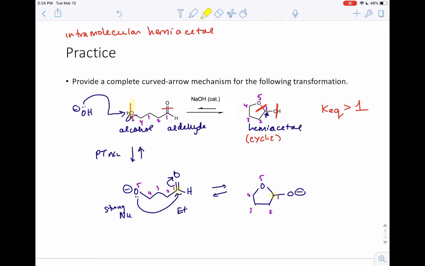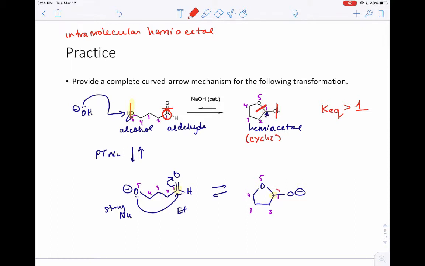If you're wondering how I'm keeping track of these carbons, the way I'm doing this is by understanding that oxidation state is not going to change. Because there's no oxidants or reductants here, it's just base. So carbon 1 has 2 bonds to oxygen always and forever. Even in the product, look, 2 bonds to oxygens. That's how I knew that was carbon 1.